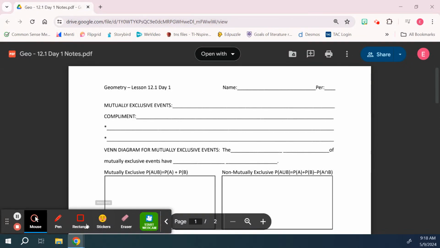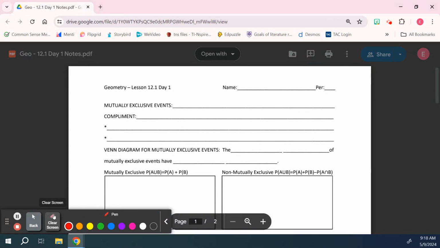All right, so the first thing we're going to learn about today is mutually exclusive events. This is AKA impossible events. Okay?